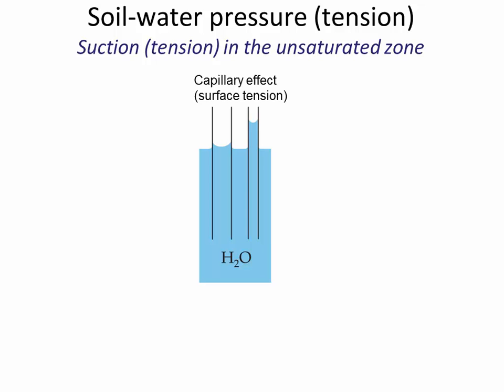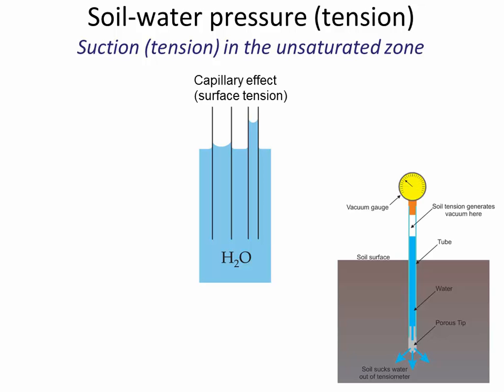Remember the capillary effect, that a small diameter tube will draw water up from the water surface higher than a large diameter tube. So the soil void is basically just like a tube. If you think in three dimensions of a lot of small diameter soil voids, it's like a glass tube essentially.